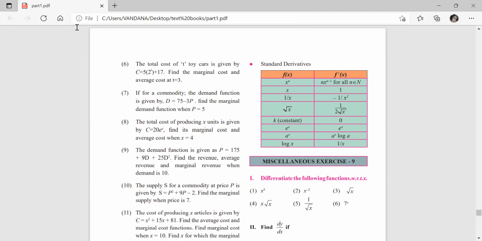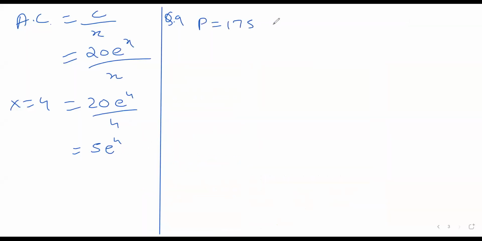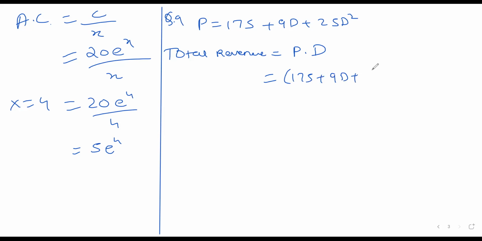Price function is given as P is equals to 175 plus 9D plus 25D square. What is total revenue? Total revenue is price into quantity demanded. That is 175 plus 9D plus 25D square into D. So it's 175D plus 9D square plus 25D cube.